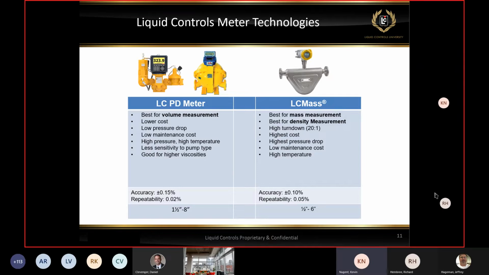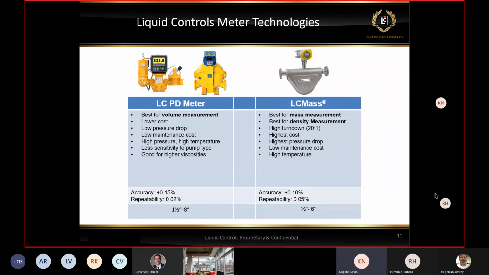When the meter is operated within its parameters, it has a very low maintenance requirement. It can offer high pressure, high temperature applications. It is less sensitive to the type of pump that's used in the application and is very recognized for higher viscosities.